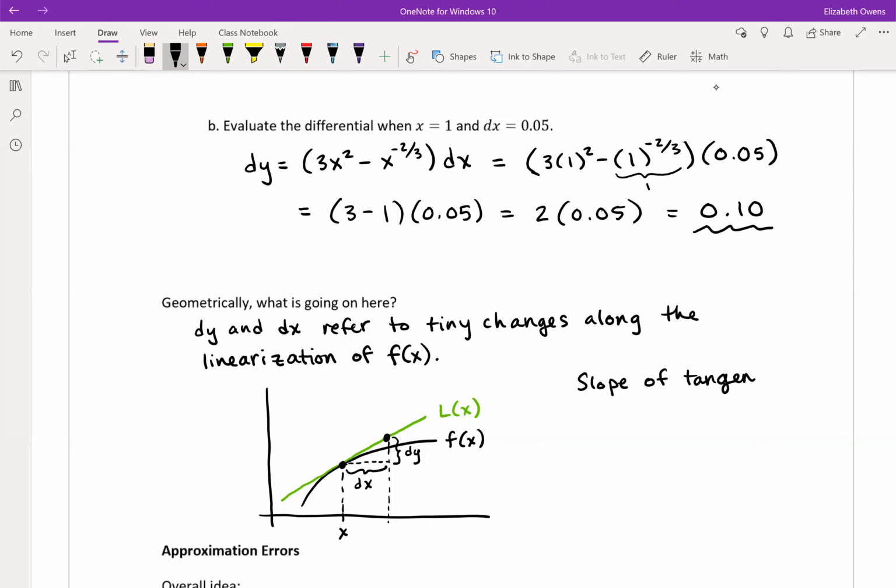The slope of the tangent line, aka the linearization of our function, would be just change in y over the change in x, rise over run, okay? And that is what we end up calling the derivative. So that just brings everything back together there.